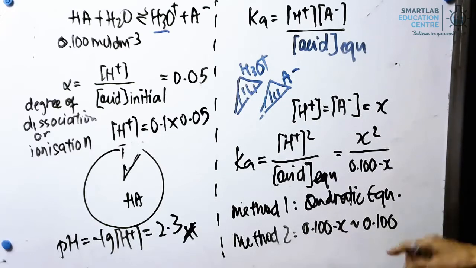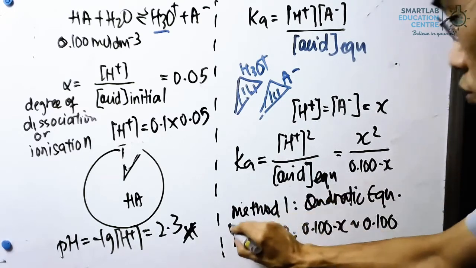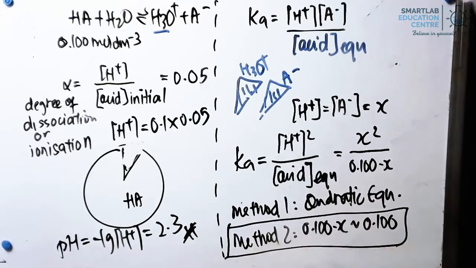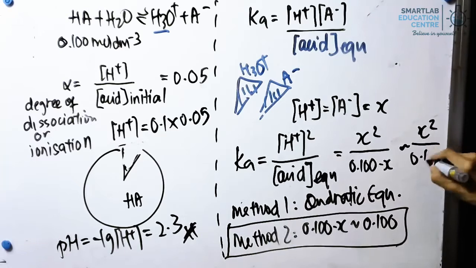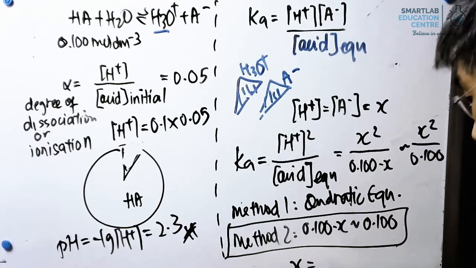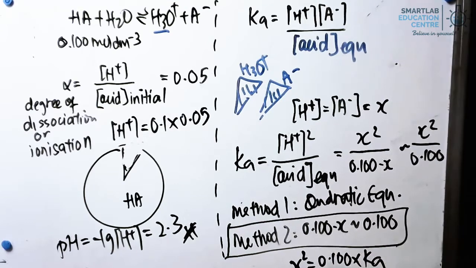By making this assumption, it simplifies our calculations to X squared divided by 0.1. With that, you will be able to calculate the concentration of H plus pretty quickly, because X squared will be 0.1 mole per dm cube multiplied by Ka, and then you take the square root of this number.